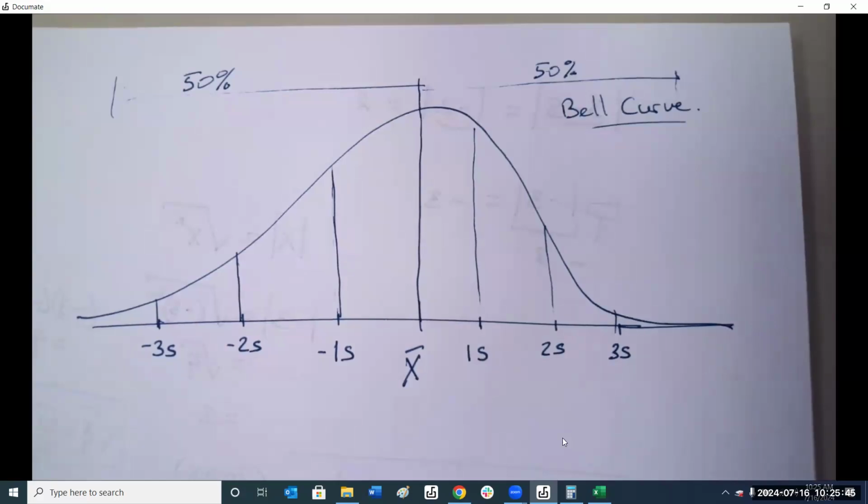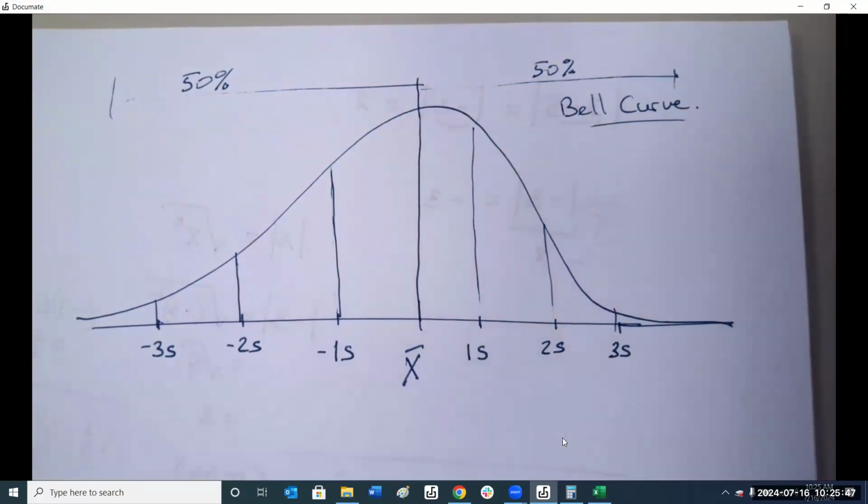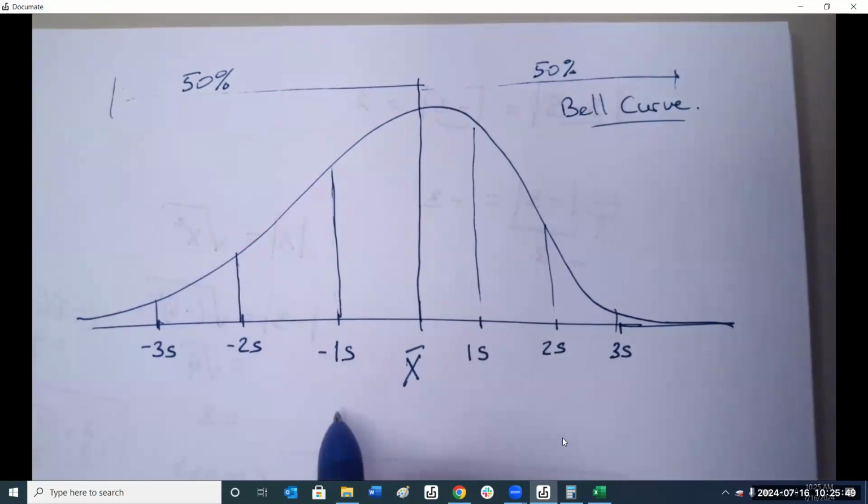So now how does this relate to what we just talked about? Within 1 standard deviation, approximately 68% of your data will fall there. 1 standard deviation from both sides of your mean, 68% of your data falls there.